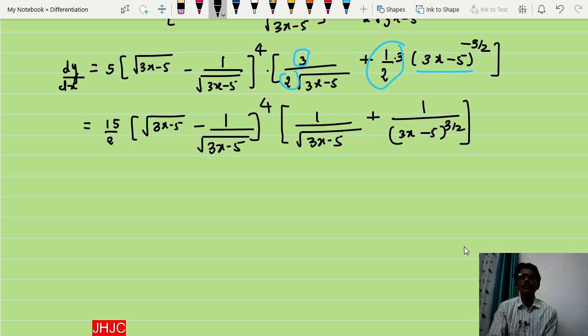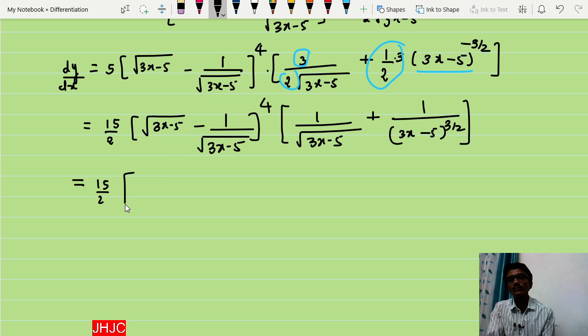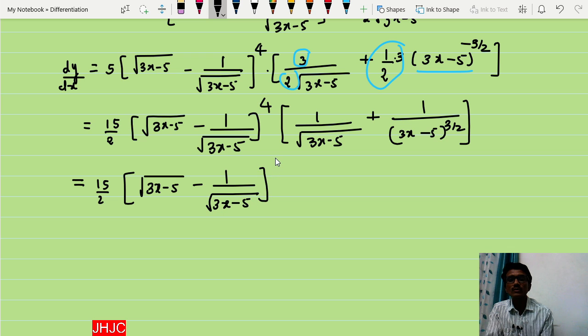Here we take the LCM of this. On taking the LCM, 3x minus 5 raised to power 3 by 2 will be the LCM here. This is 15 by 2 into root of 3x minus 5 minus 1 upon root of 3x minus 5 raised to power 4, and the LCM here is 3x minus 5 raised to power 3 by 2.